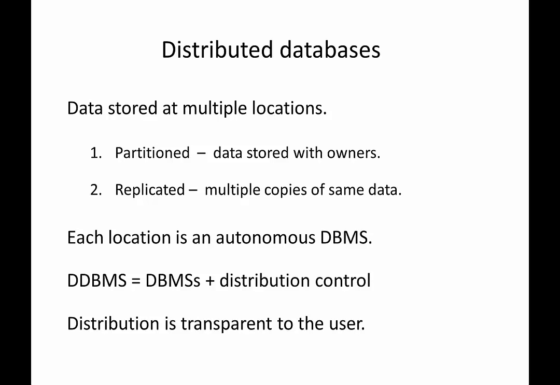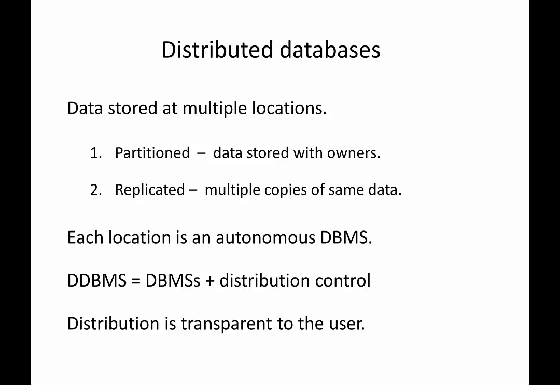It's one of the niche areas that they've occupied. So a distributed database management system is just a database management system plus some sort of distribution control system that helps them all to talk to each other and remain in sync, or at least remain functioning together.